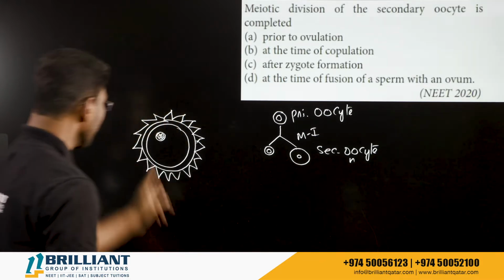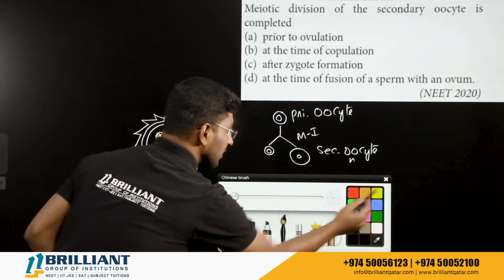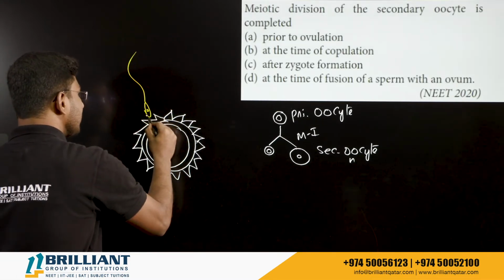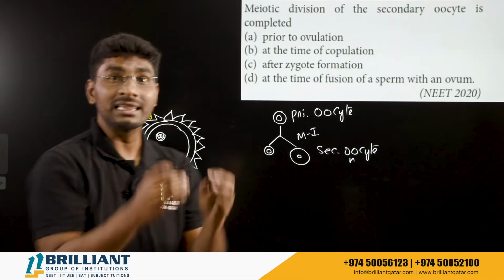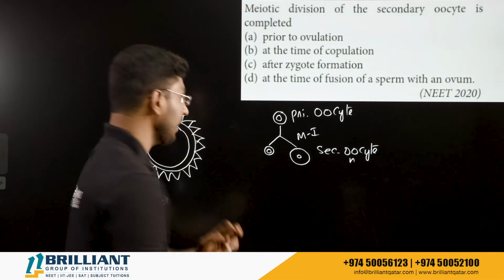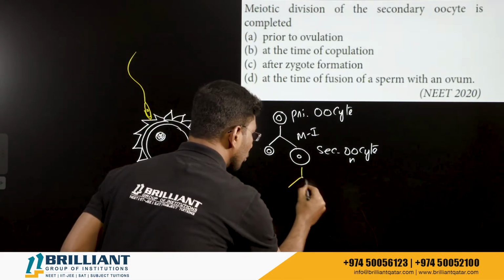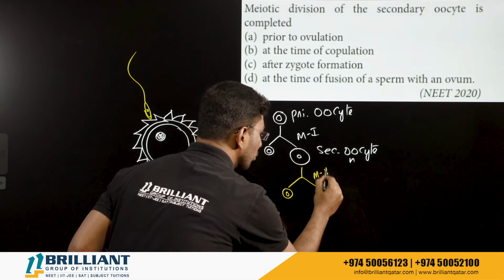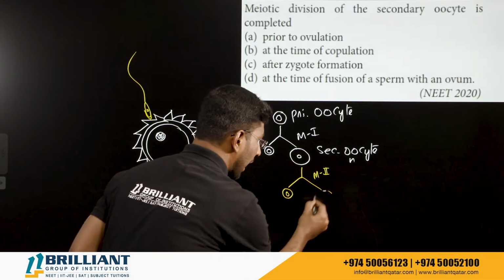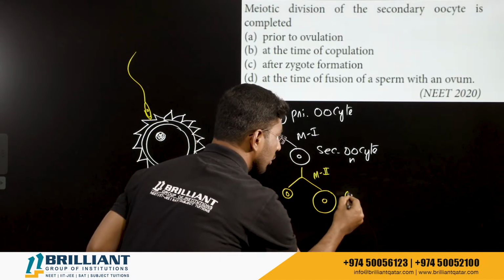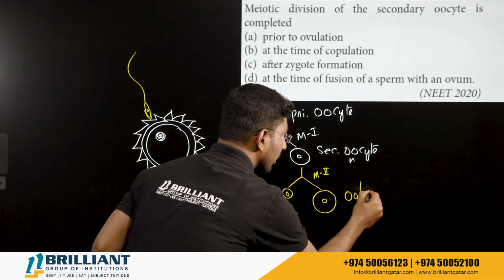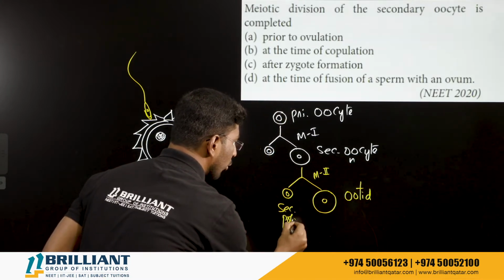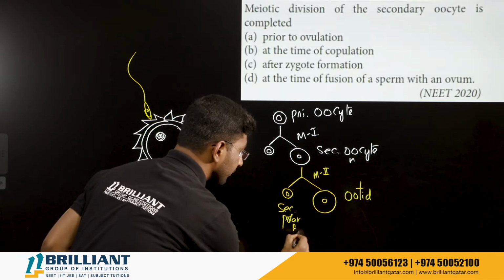Everyone keep in mind, when this secondary oocyte is triggered by the sperm, it completes meiosis 2 to give the second polar body, and the next structure is called the ovum. You got my point? This is the ovum, this is the second polar body.